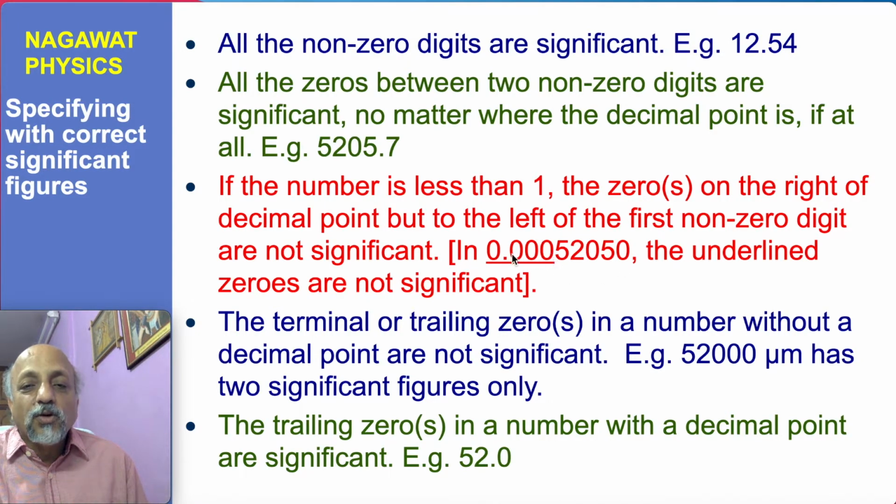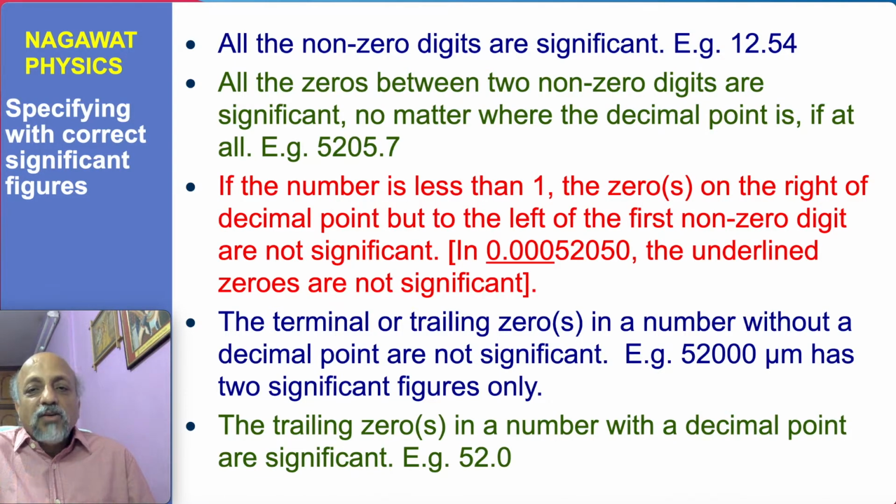All these 4 zeros will not be considered significant. So the number of significant figures in this case is also 5. So what we are saying is that if you have zeros on the right of the decimal point, immediately right of the decimal point, all those zeros will not be considered significant.